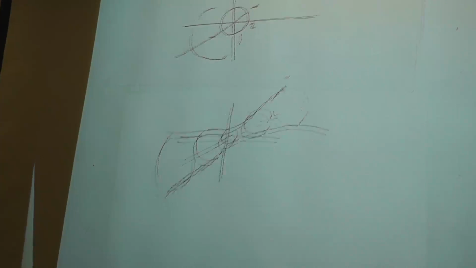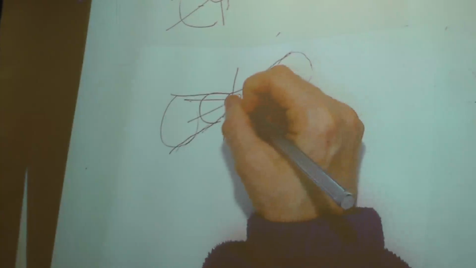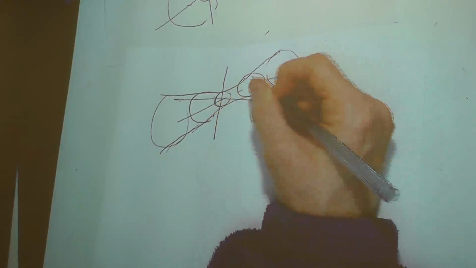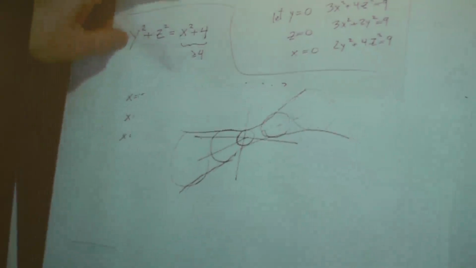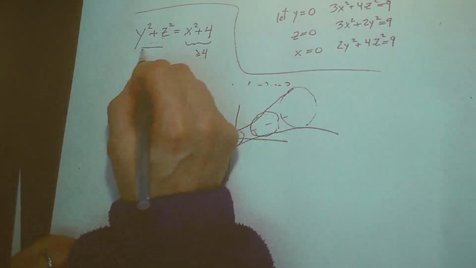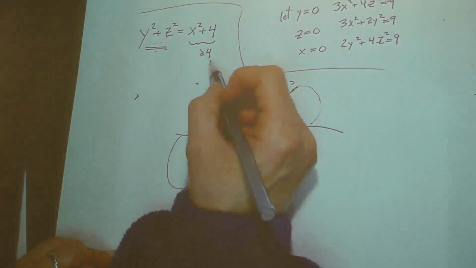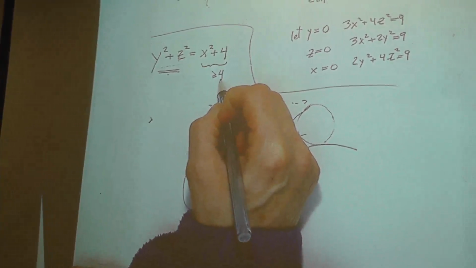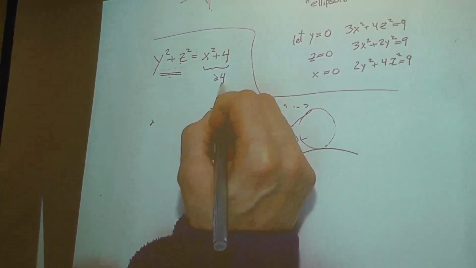So how am I viewing this? I'm viewing this by seeing that my cross-sectional slices are circles. What I'm seeing here is a circle of radius 4 or larger. See what I'm driving at?